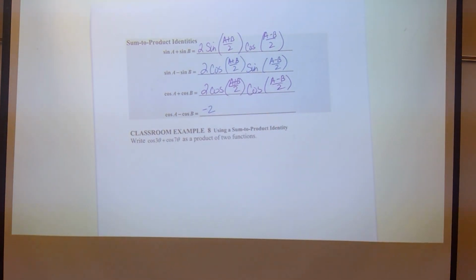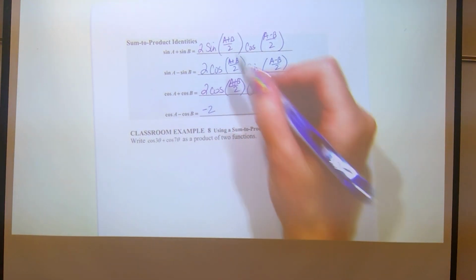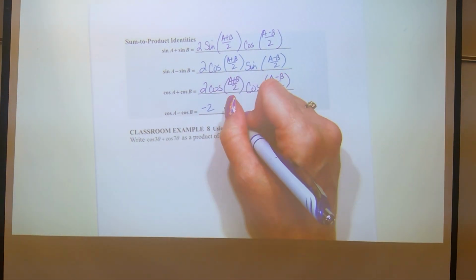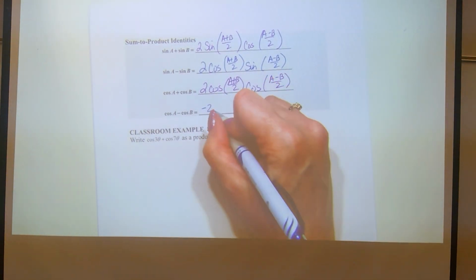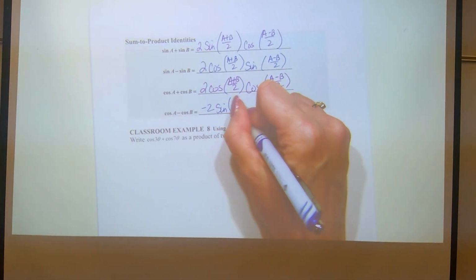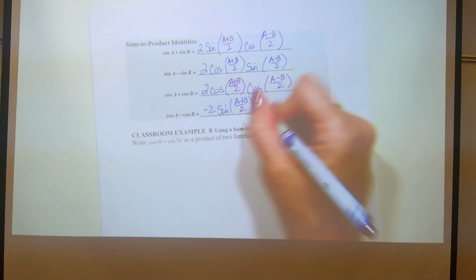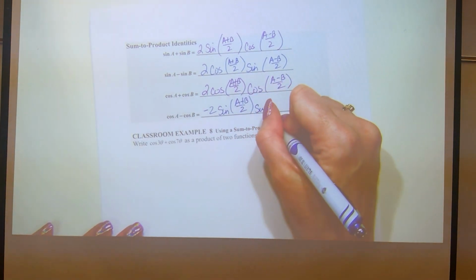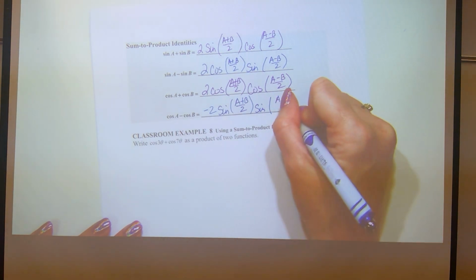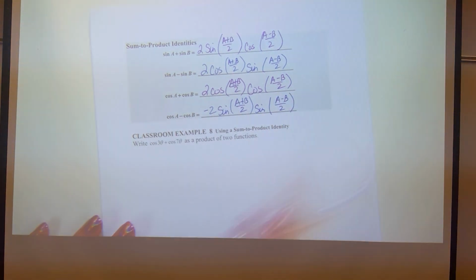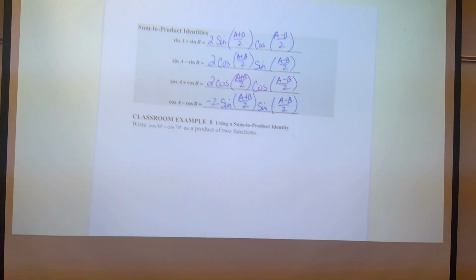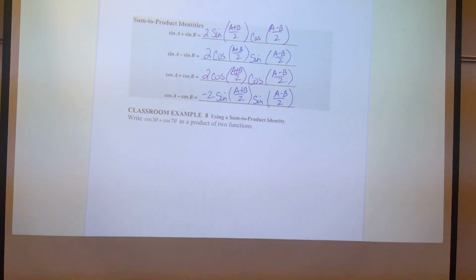A similarity that you also need to pick up on is that this first argument is always A plus B over 2. The second argument is always A minus B over 2. But whether I'm using sine or cosine in the middle changes. All right, once you get those transcribed, written down, we're going to use them.